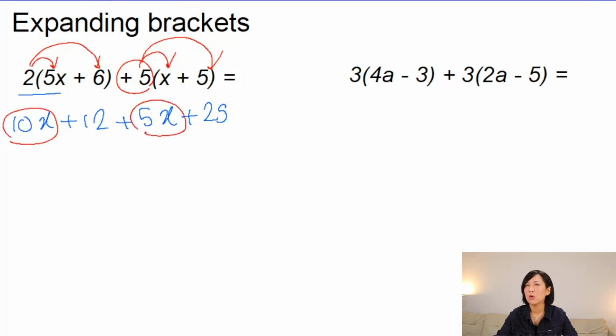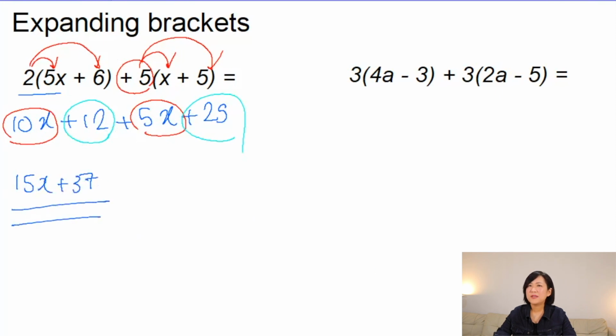You still have a long expression, right? Now you need to use the collecting like terms skill. So find the like terms and put them together. Numbers are like terms. Then 15x, then plus 37. This is the end.